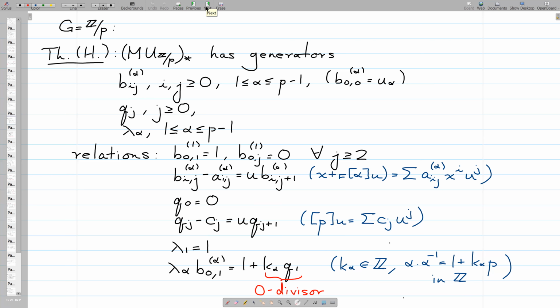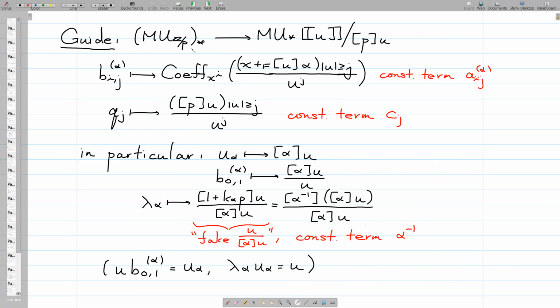So where does this come from? The guide is, again, you want to look at the completion map from MU Z mod P to its Borel cohomology. So remember that left vertical map increases square. So what we have is that it goes now to MU adjoint U modded out by the P series in U. So Bij, again, goes to, we take X plus over F, but now, I think I made a mistake here.